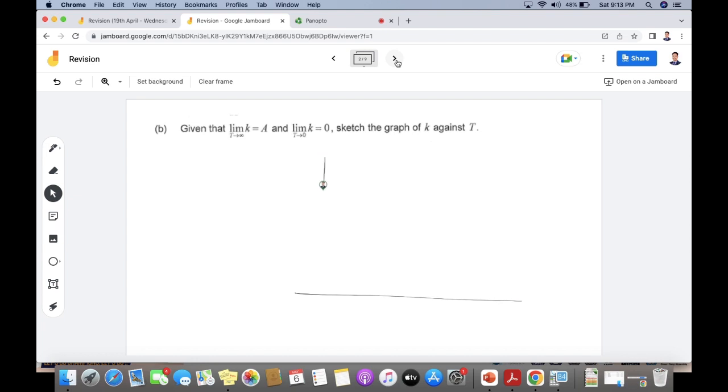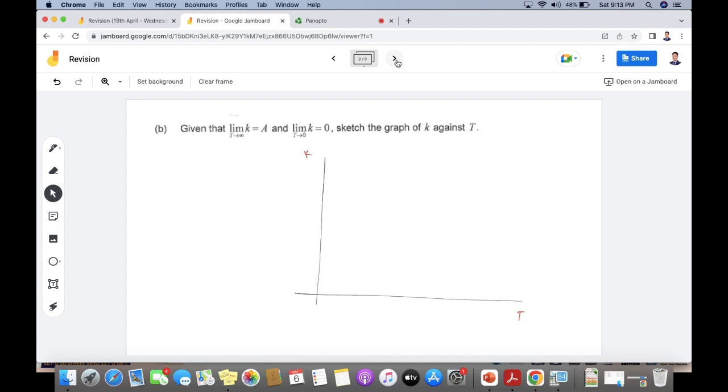So we have to label this one properly. I'm sorry for the plane itself. This is just a rough sketch. Label it properly. Remember, t acts as the independent, so it's the x, and then k acts as the dependent, which is the y. So k is here. This is very important when you make the rough sketch.